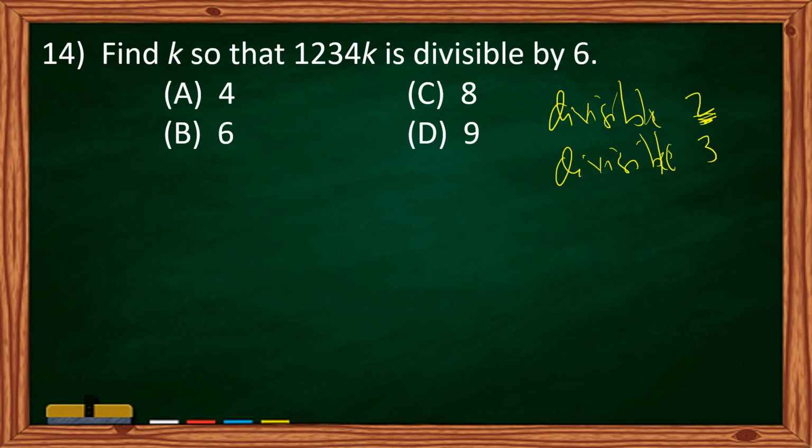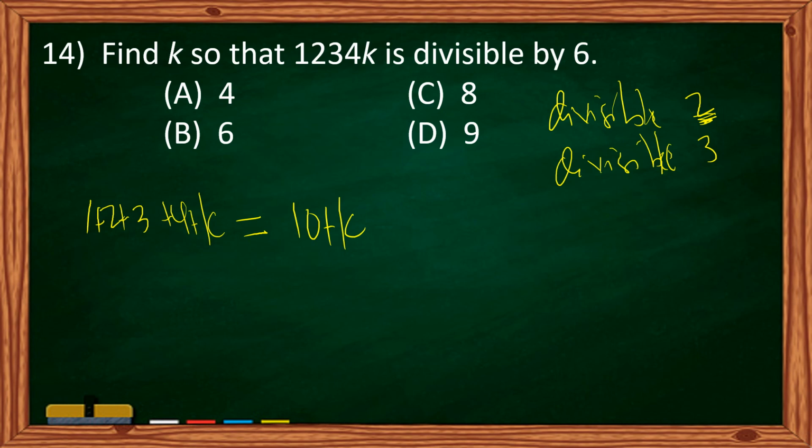And yung kaninang discussion natin na kapag in-add mo yung digits nila, dapat divisible by 3 yung sum. Okay? So in this case, we are going to add first 1, 2, plus 3, plus 4, plus k. And it will give us 1 plus 2 plus 3 plus 4 is 10. So 10 plus k.